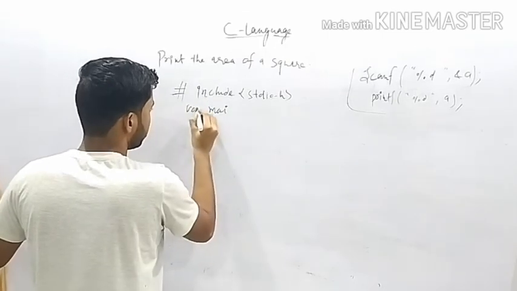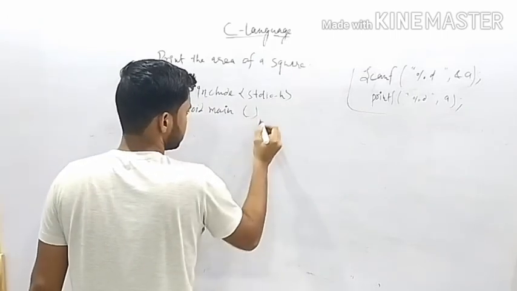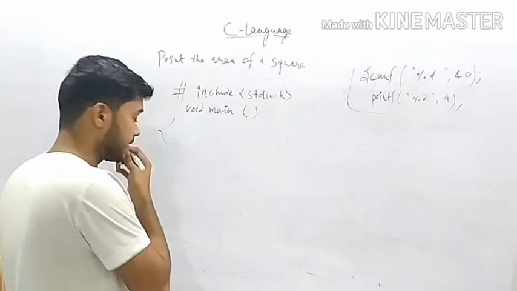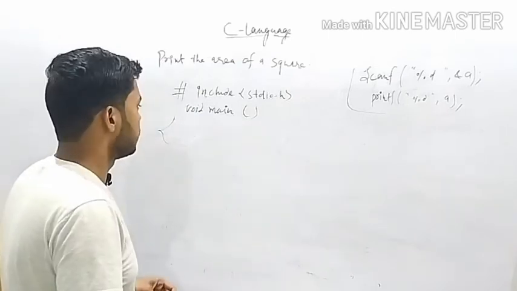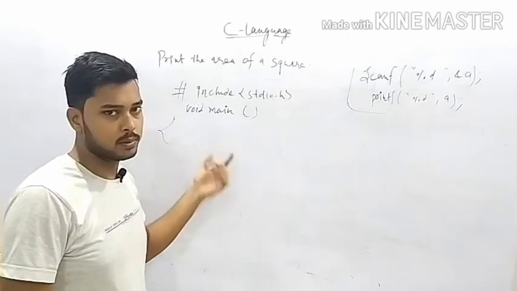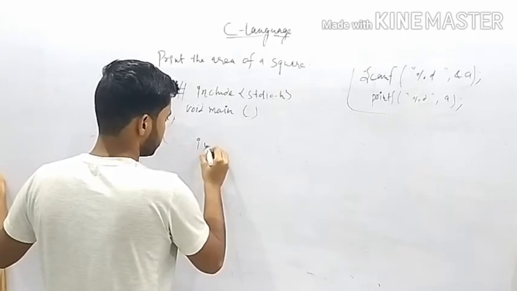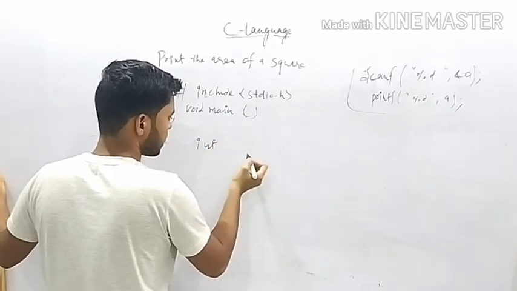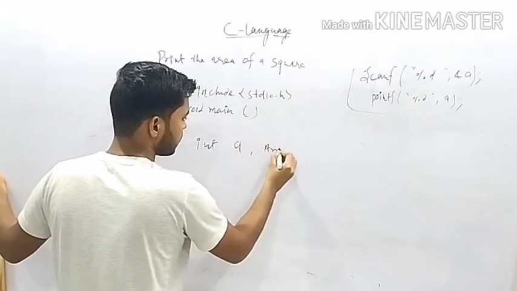I want to use void here, so we use void main and then start the main function. We will use two variables here, one for taking the side of the square from the user, int a, and the second for storing the area of that square.